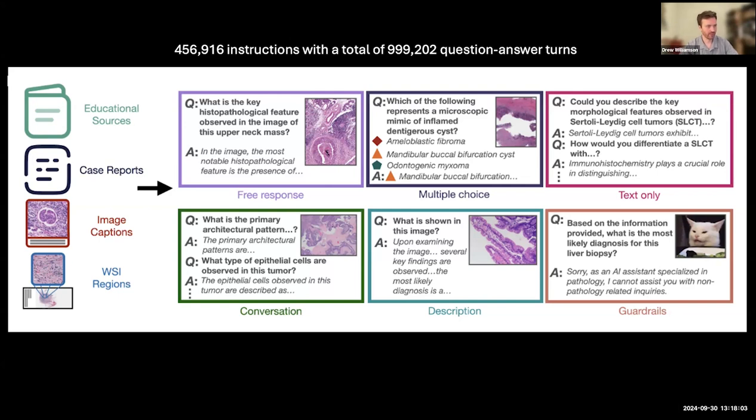I think another thing of interest here for me was, this is a huge data set, it's like 456,000 instructions, close to 1 million question answer turns. That was way too many for any one person or even a team of 10 people to go through painstakingly by hand, line by line, and create these instructions.